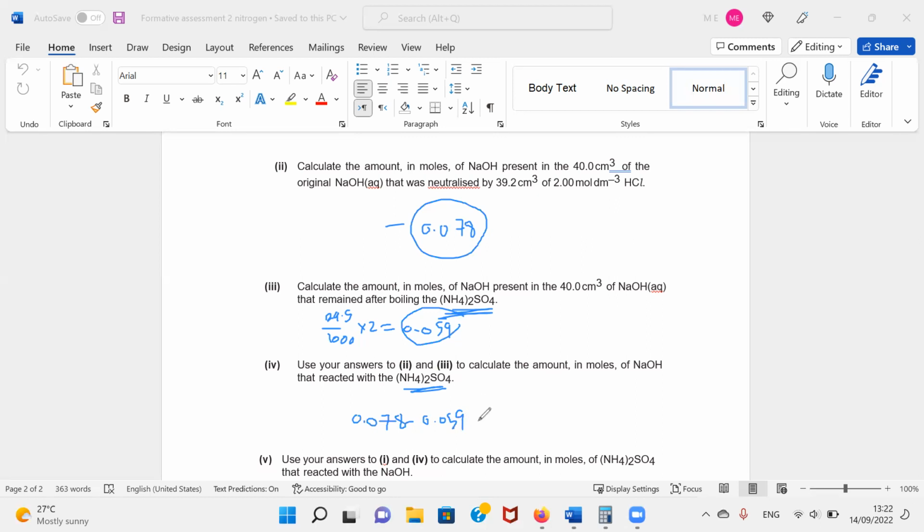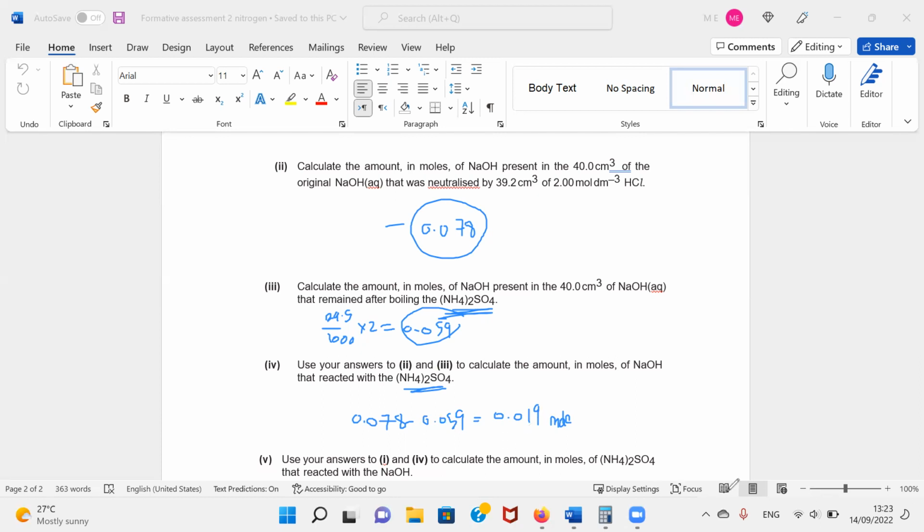Okay, so the amount here will be 0.019. So this is basically the amount of the sodium hydroxide that had reacted with the ammonium sulfate. So this is the number of moles.